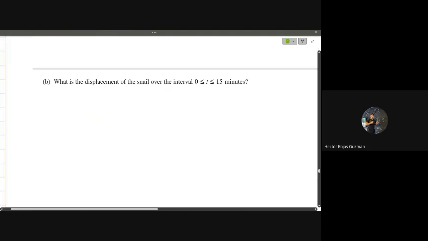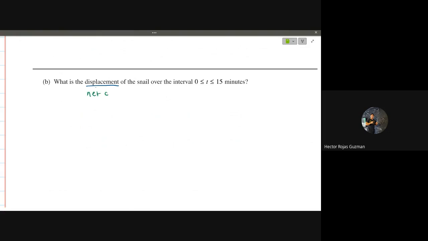B. What is the displacement? In other words, what was the net change? That's what a displacement is. It's net change. And in this case, it's the distance the snail traveled, but not the total distance. It's just the displacement from where it started to where it currently is. So we're going to do the integral from 0 to 15 of v of t dt.